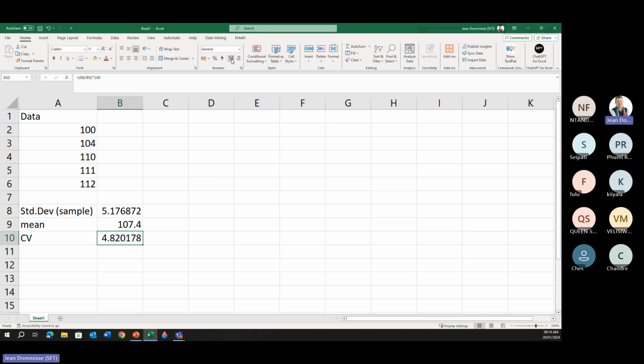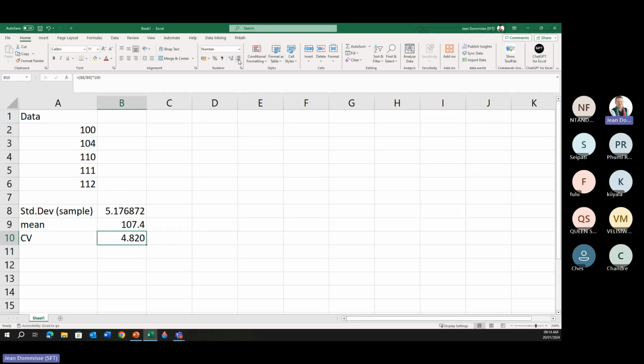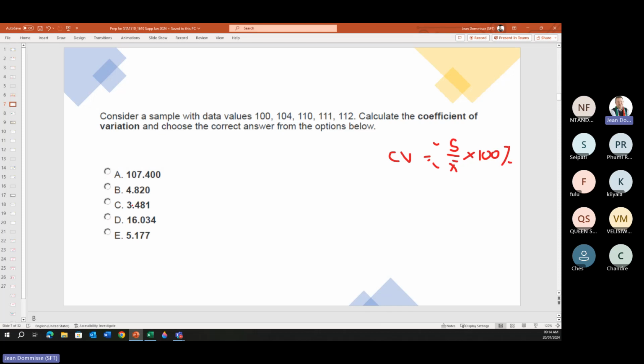And let's just round it off to normally 3 numbers, 4.820. We look at it, 4.820.